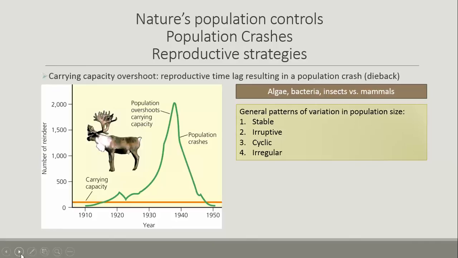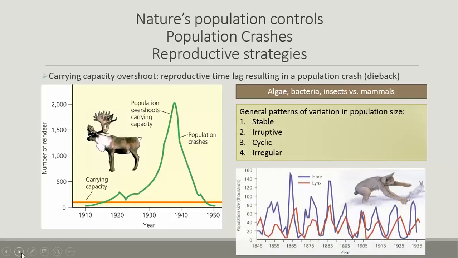A third type of fluctuation consists of cyclic fluctuations, or boom and bust cycles of population over a time period. An example of this are lemmings, whose populations rise and fall every 3 to 4 years, and lynx and snowshoe hare, whose populations generally rise and fall in 10-year cycles, as you can see here in this diagram.